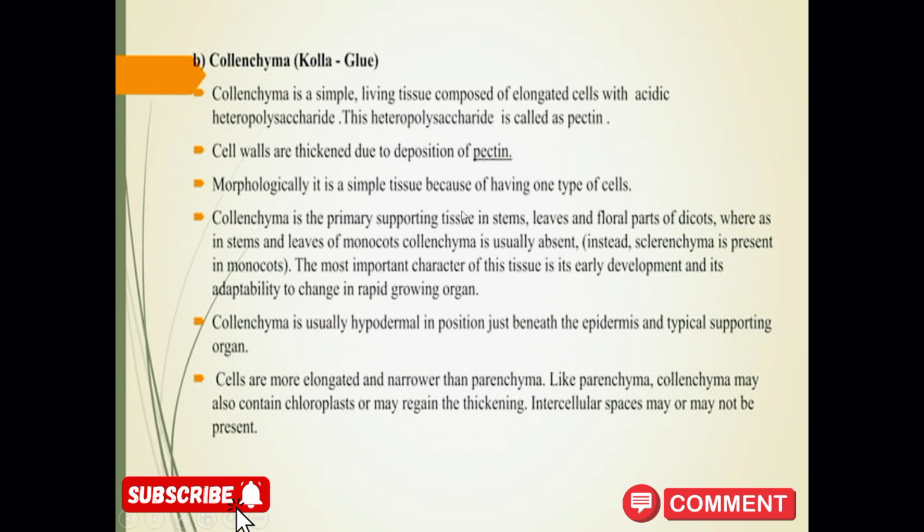Morphologically, it is a simple tissue because it has one type of cell. Collenchyma is a primary supporting tissue in stem, leaves, and floral parts of dicots, whereas in stem and leaves of monocots, collenchyma is usually absent. Collenchyma is usually hypodermal in position. It is present just beneath the epidermis, in the hypodermis region of the plants, in the leaves as well as in the stems.